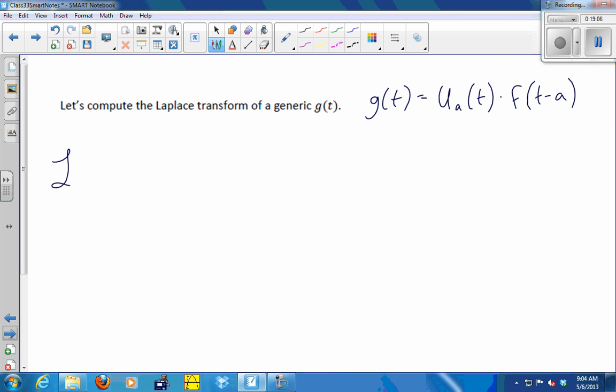So I want the Laplace transform of g. So I use the definition. The Laplace transform is the integral from 0 to infinity of your function times e to the negative st dt.